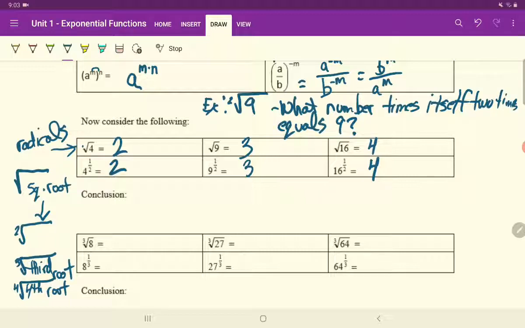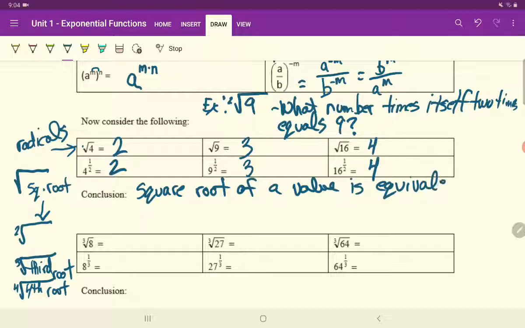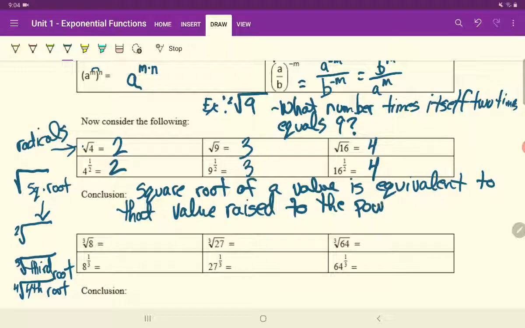Our conclusion is that the square root of a value is equivalent to that value raised to the power of 1/2. Now remember, that's for square root. So for square root, it's the same as raising to the power of 1/2.